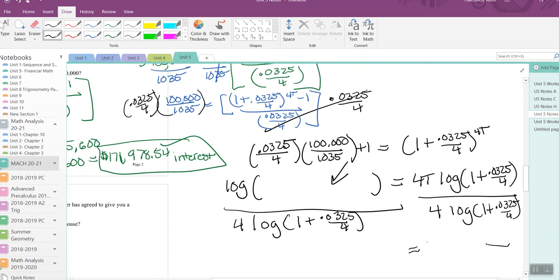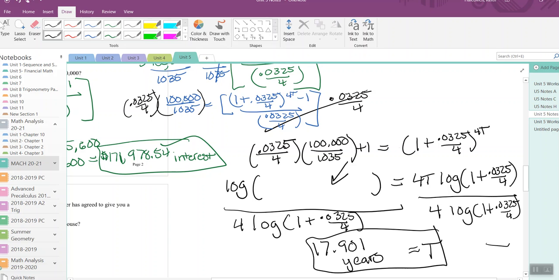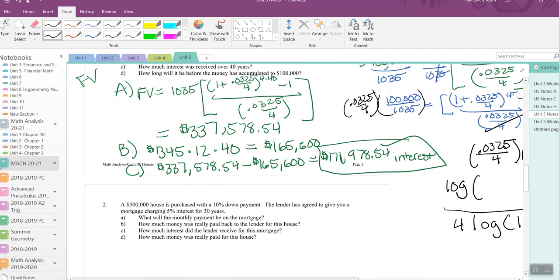So you get that t is equal to, and when you type that in your calculator, you're going to get 17.901 years. So that's how long it's going to take for you to get $100,000. Just remember, whenever you're solving for the time, you're going to have to use logarithms.